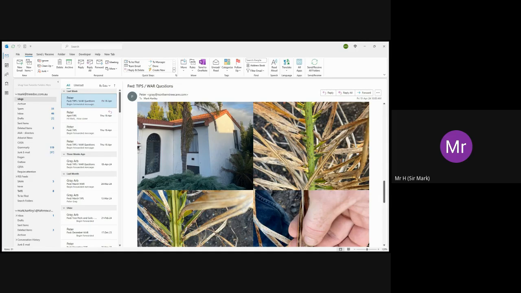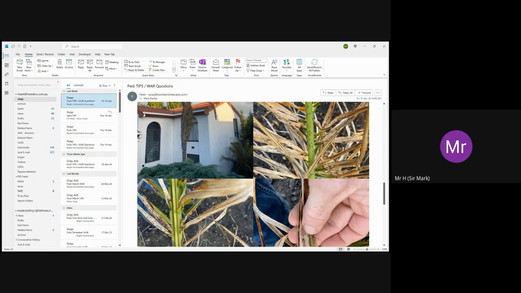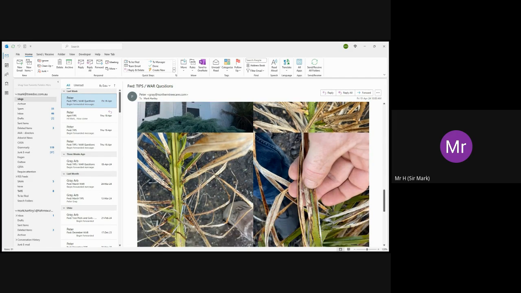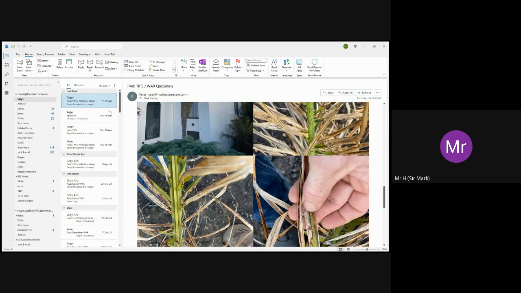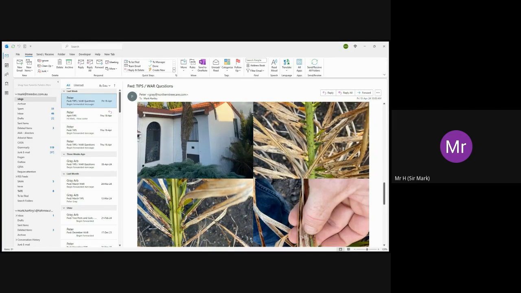So yes, look, I would suggest two things are possible. One is taking a sample of the soil to see what's happening there. And the second one is taking a piece of the foliage at the margin of the diseased and the non-diseased. So an area like here, the end, the disease is essentially gone.